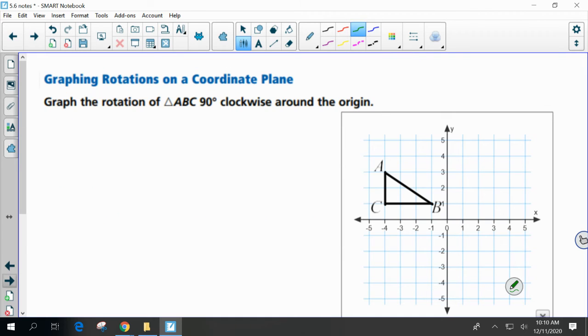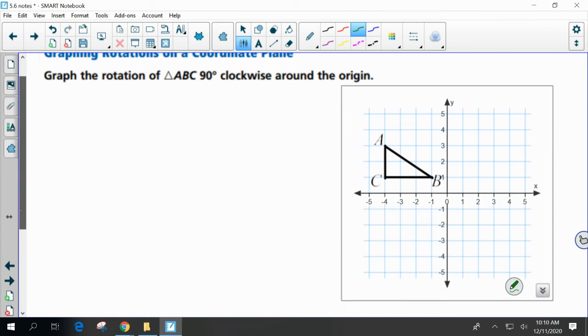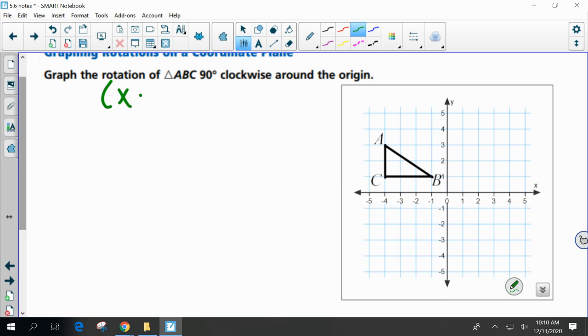Okay, so we're going to look at graphing the rotation of triangle ABC 90 degrees clockwise. So here's how you would do that. You first need to take your x value times -1, and then you need to flip your x and y value.